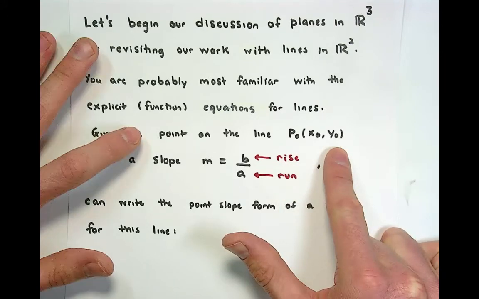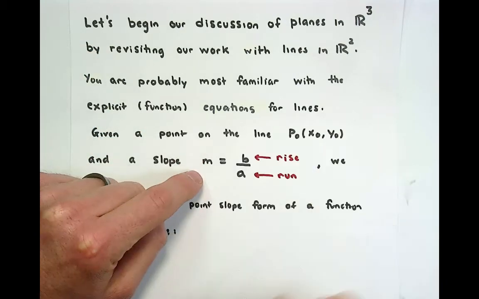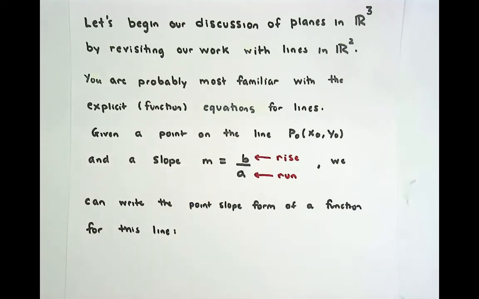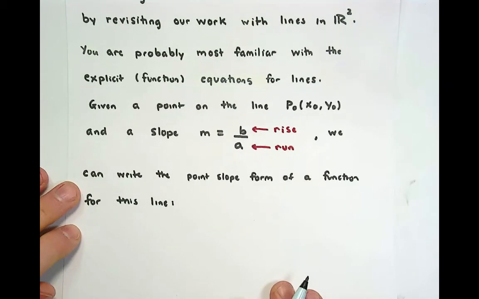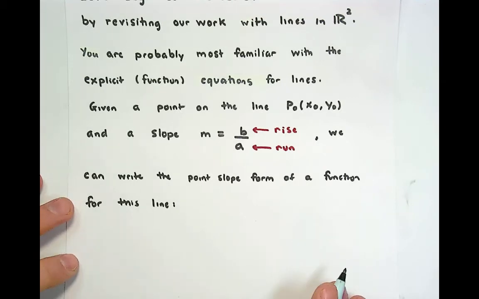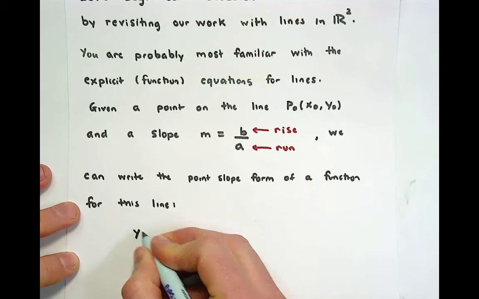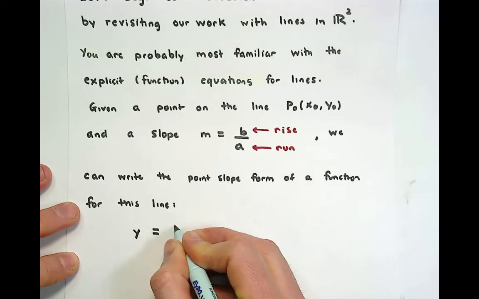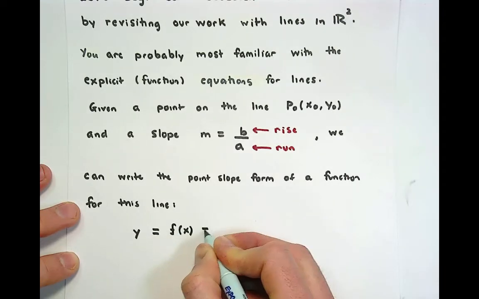In addition to a given point on a line, we start with a slope, which we call m, usually written as a ratio b divided by a, where we rise b units and we run a units. If we have a point and a slope, many students in pre-calculus and even calculus look at the explicit function representation of the output variable y of any point on the line as an explicit function of input variable x.